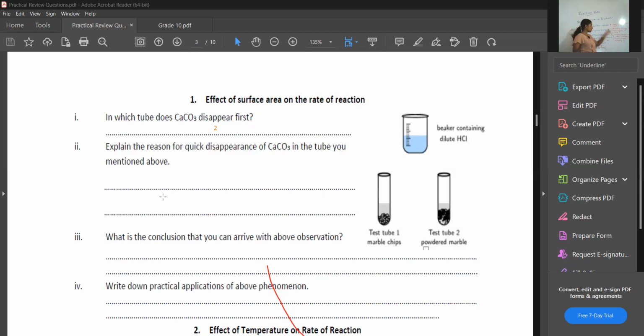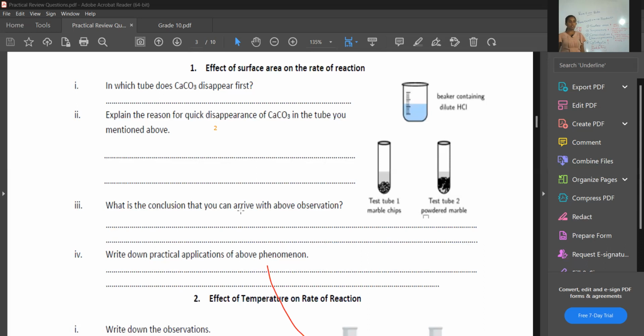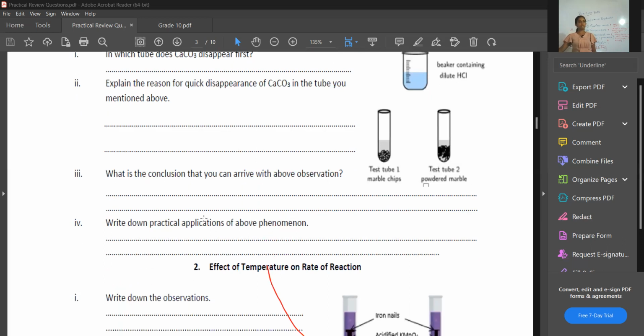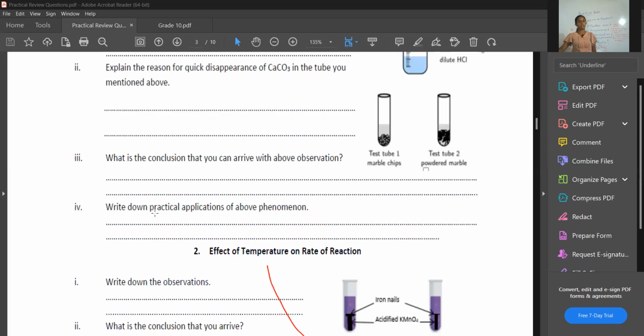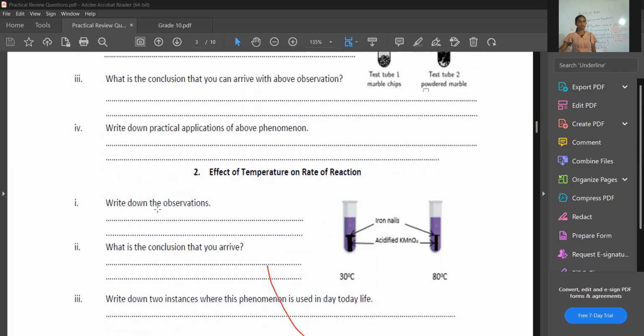Like that, step by step, you have to answer. What is the conclusion from the above observation? If the surface area is more, the reaction rate is high. If the surface area increases, the reaction rate also increases. Then you have to write a practical application.